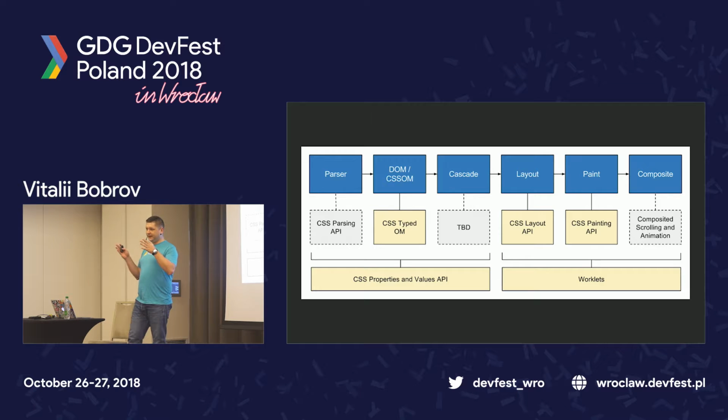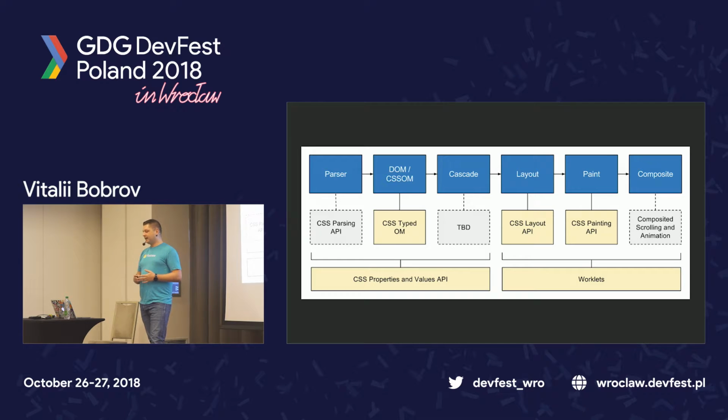So we have all this rendering pipeline, and Houdini provides an API for almost all of these stages. We have the parsing API, we have the Typed OM API, which gives typed CSS properties available from the browser. We have the CSS Paint API that applies at the paint stage.